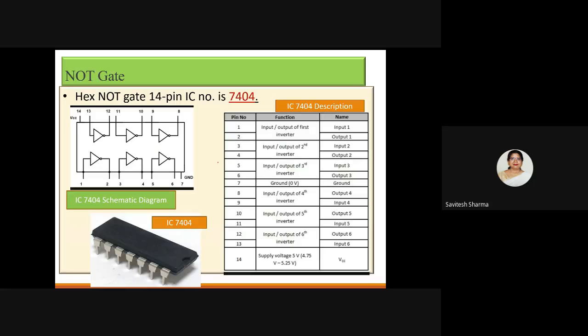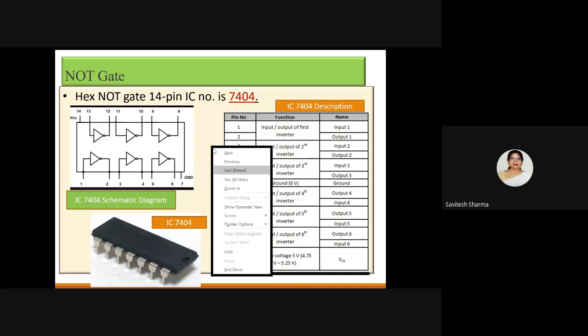For example, you take the IC and arrange it like this.